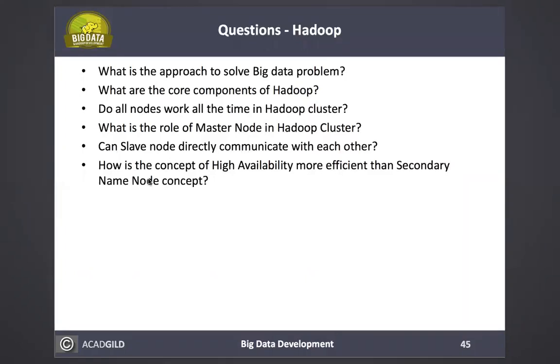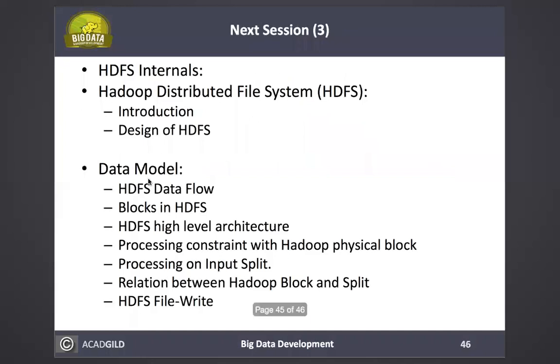What is the role of the master node in the Hadoop cluster? You should be knowing that. Can slave nodes directly communicate with each other? You're going to see that. How is the concept of high availability more efficient than the secondary name node concept? This is also not covered, so we have to do this in the next session.